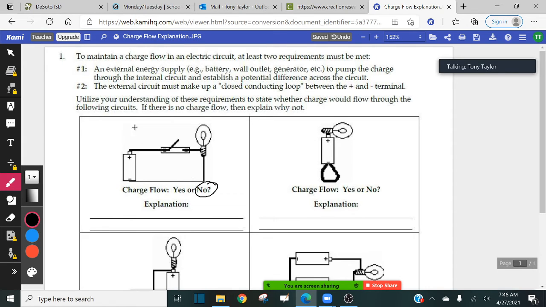Okay. What about this situation right here, guys? If I have a battery here and I have a copper wire connected to the negative end, will I have charge flow here? Yes or no? What do y'all think?